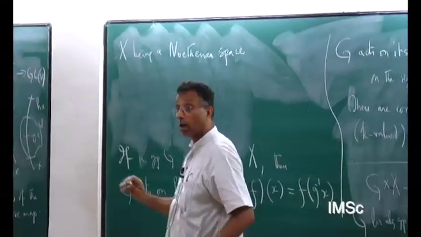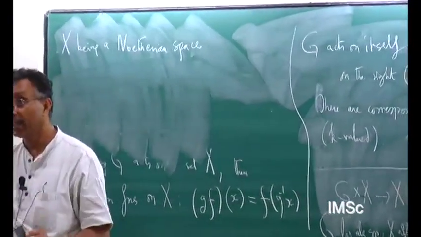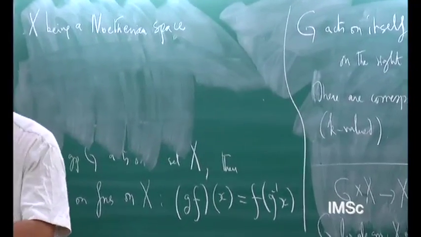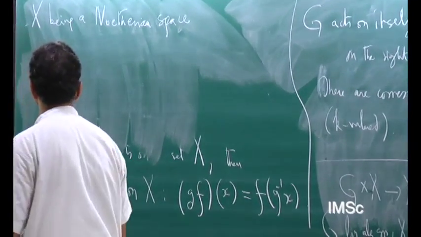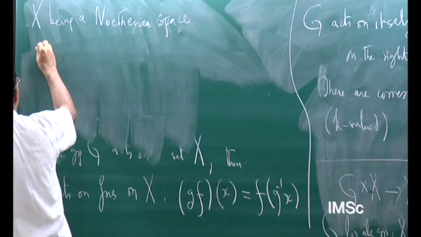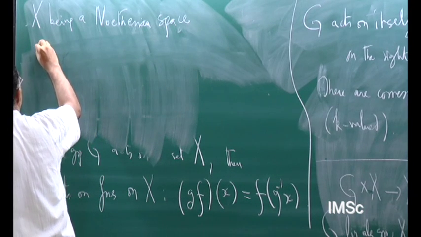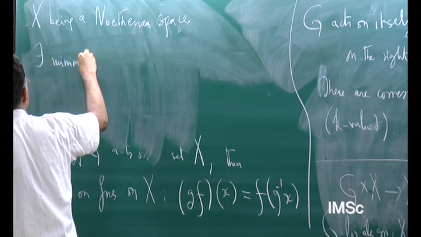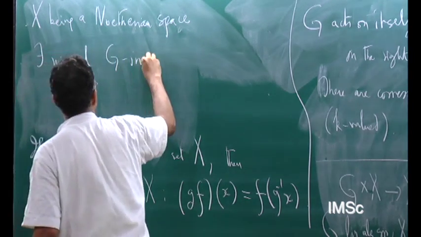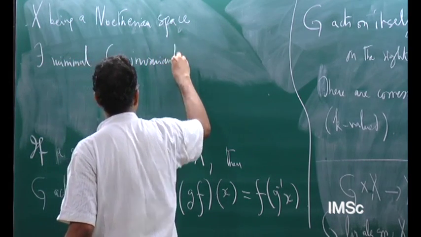Although we have not defined variety yet, it will be part of the definition that it is a Noetherian topological space. So there exist minimal G invariant closed sets.